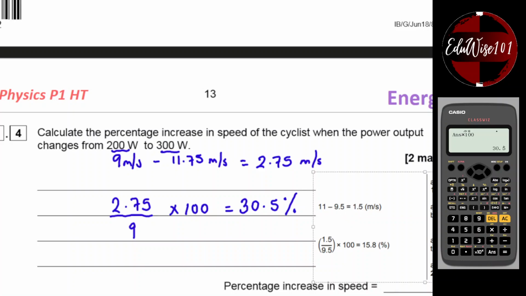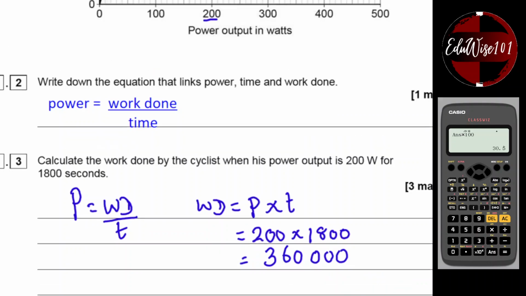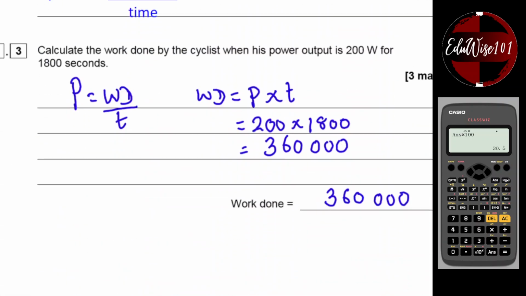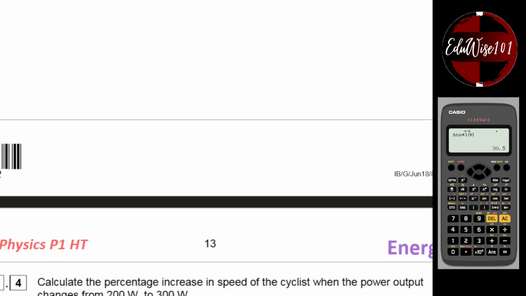Now I disagree with that. This is definitely 9 meters per second, so it's not 9.5. So I think the marking scheme is slightly incorrect.